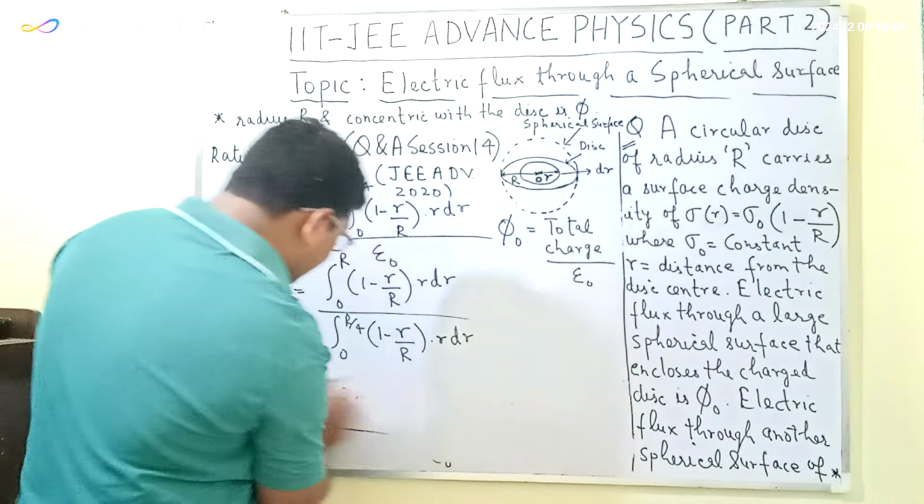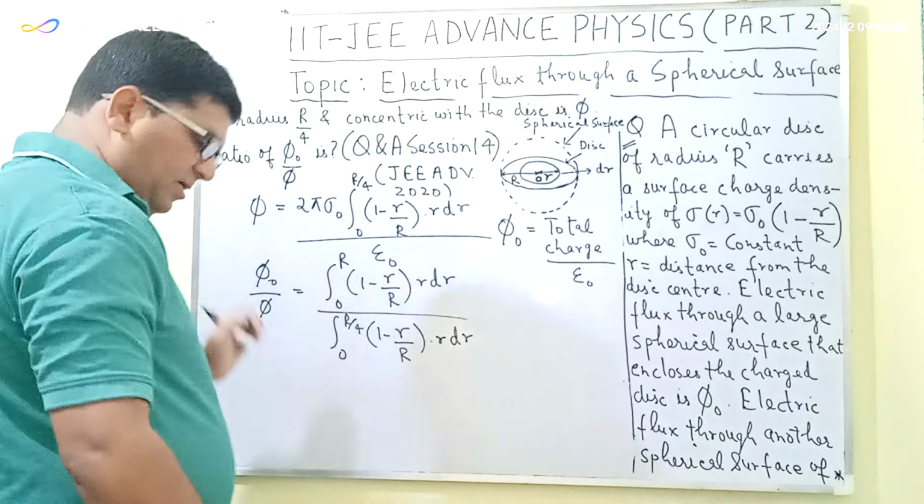Now we have to simply solve this equation in order to find the value of phi naught upon phi.